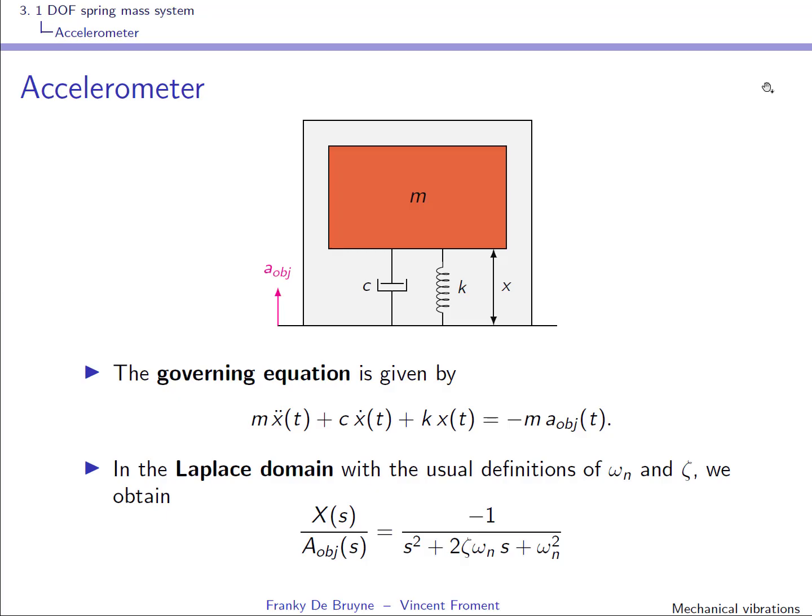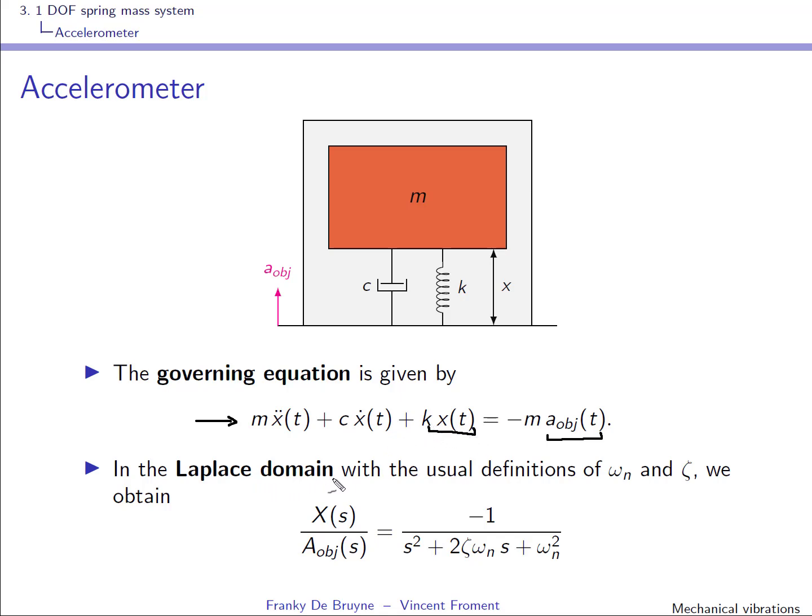Well, as usual, we can write the governing equation using Newton's second law, and this is the equation that we obtain. So we will say that the acceleration of the object is the input and the relative movement of the mass with respect to the object x will be the output, right?